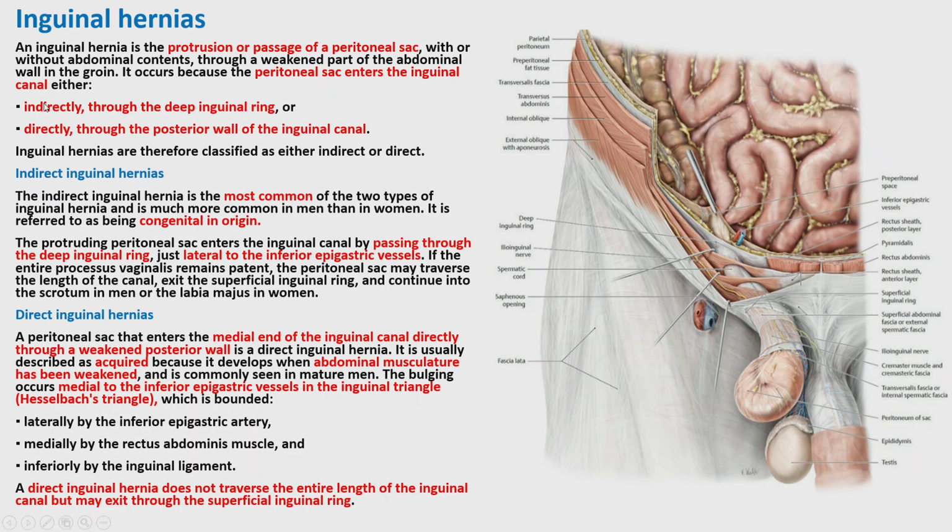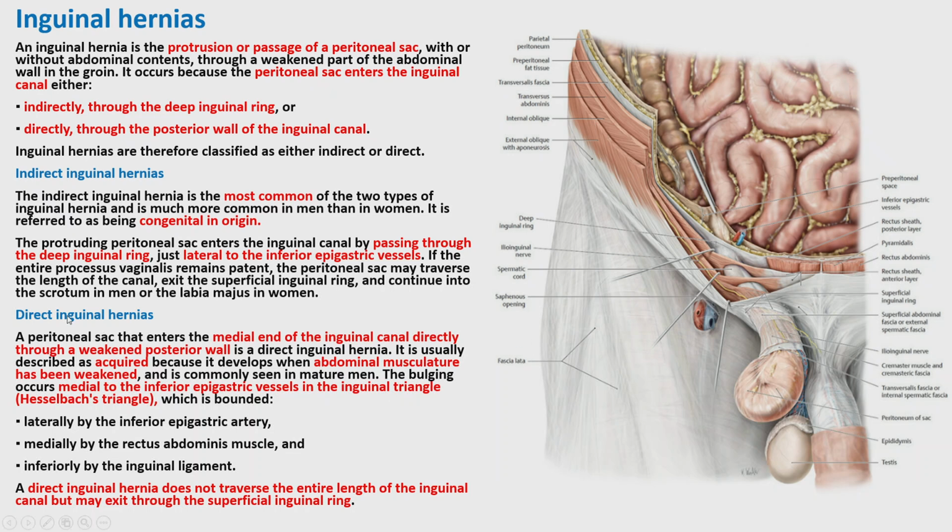What is important? You have to know there are indirect and direct hernias. Indirect hernia is the most common, and is usually congenital. It can be acquired also, and it passes through the deep inguinal ring, as you see here, just lateral to the inferior epigastric vessels, because the deep inguinal ring is in the lateral inguinal fossa.